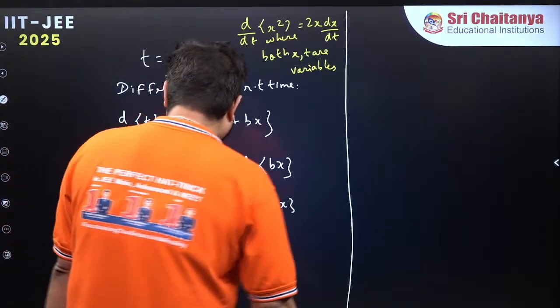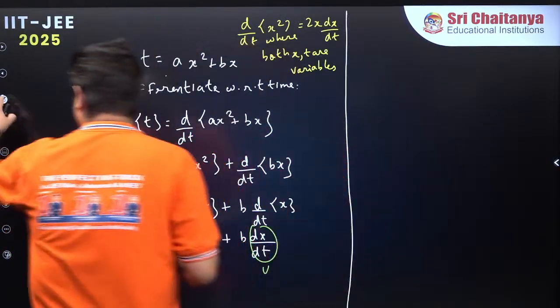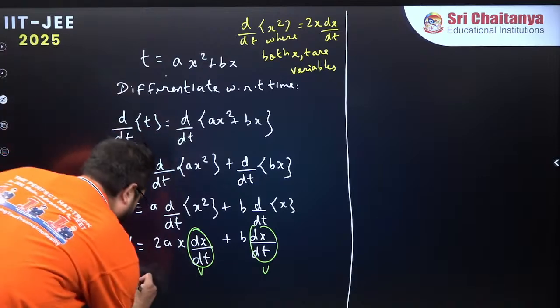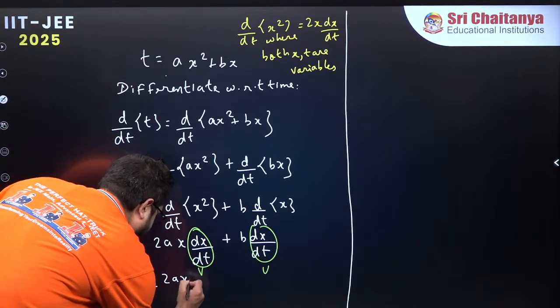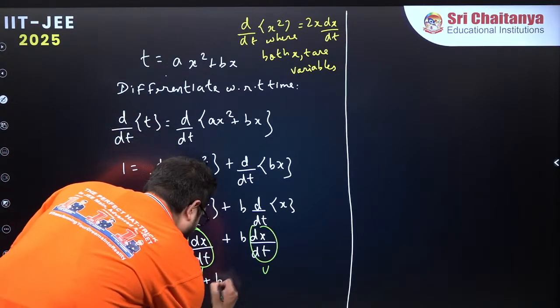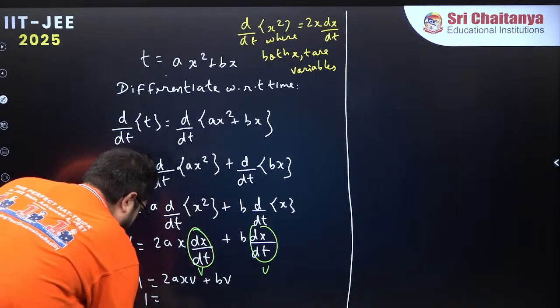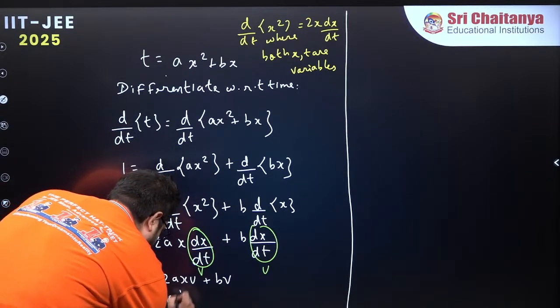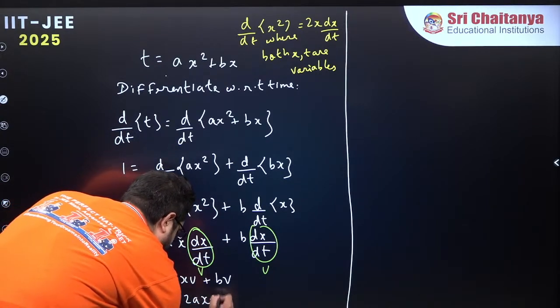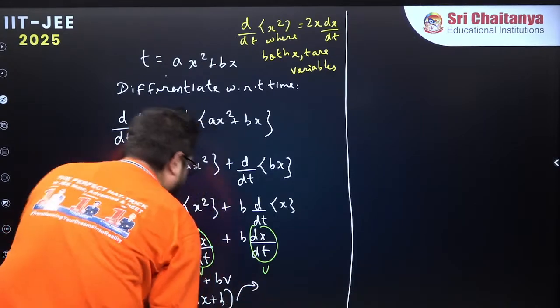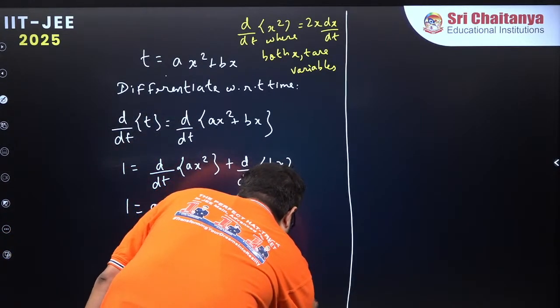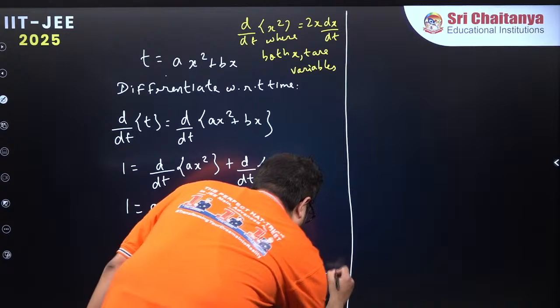So now let's try to figure it out. I can write this equation as 1 is equal to 2axv plus bv. Take v as common on the RHS. I will get 2ax plus b. So as a result, v is going to be equivalent to 1 by 2ax plus b. We can mark this as 1.